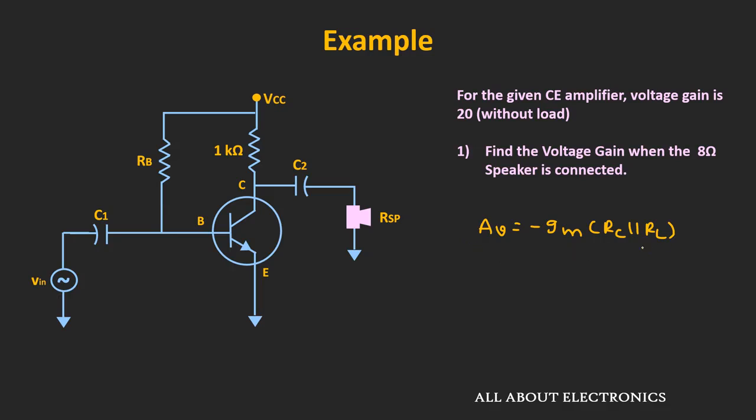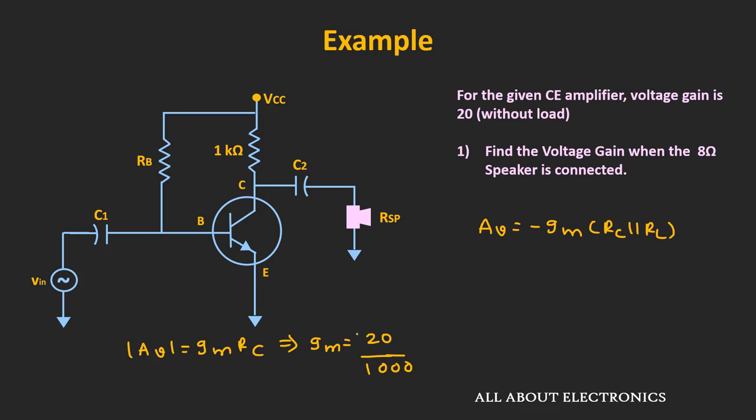That means RC parallel RL will be approximately equal to 8 ohm. Now here we have been given that the voltage gain of this amplifier is 20 when there is no load connected to it. That means without the load, the voltage gain can be given as Gm times RC. That means Gm is equal to 20 divided by 1000.